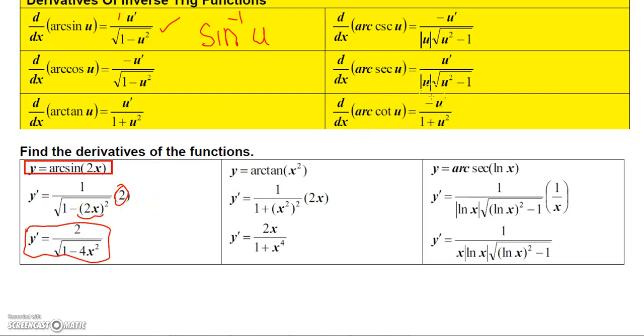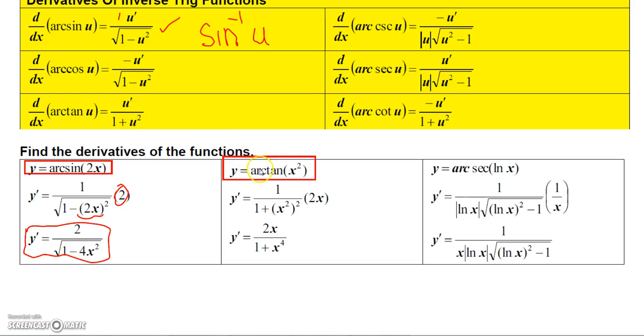Now I'm going to do an arctangent example here. So now I have y equals arctangent of x squared. Where's my arctan? Here's arctan right here. So arctan would be u prime over 1 plus u squared, or if you do it my way, 1 over 1 plus u squared times u prime.